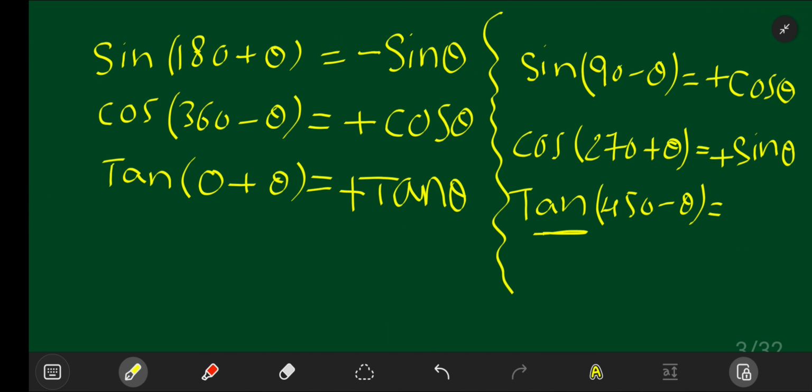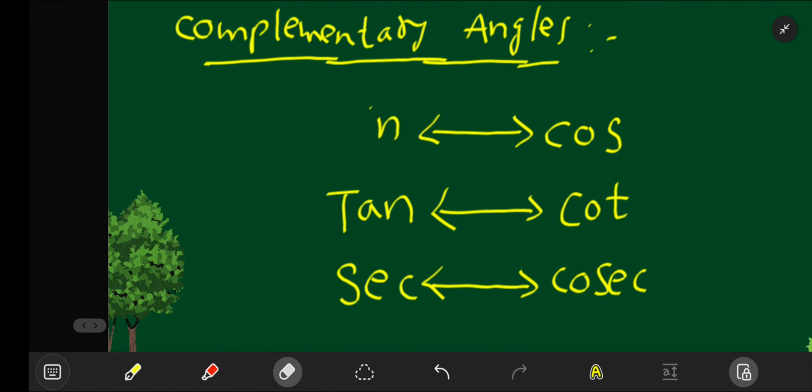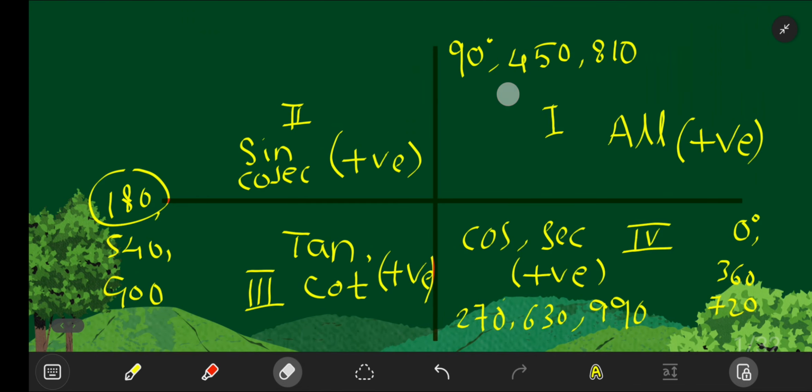Next, tan 450 minus theta. First of all, tan is changed to its complement, that is cot theta. 450 minus theta comes to first quadrant.